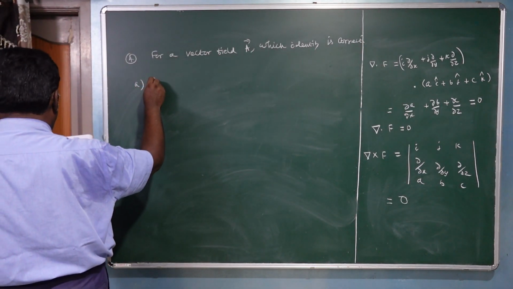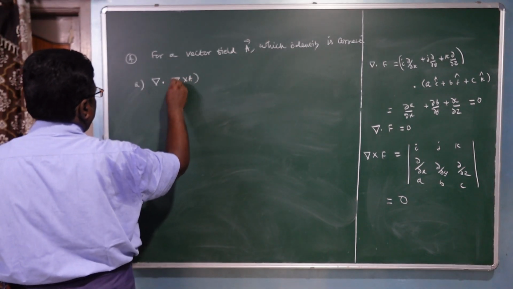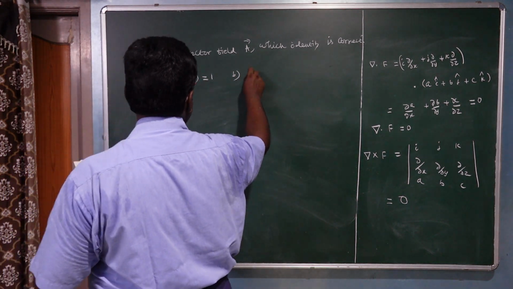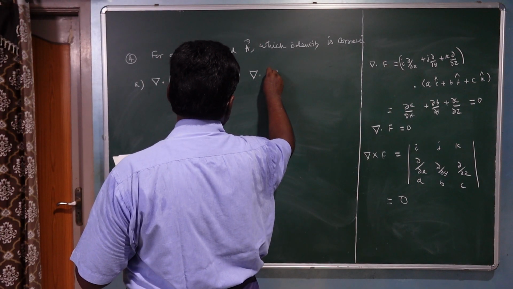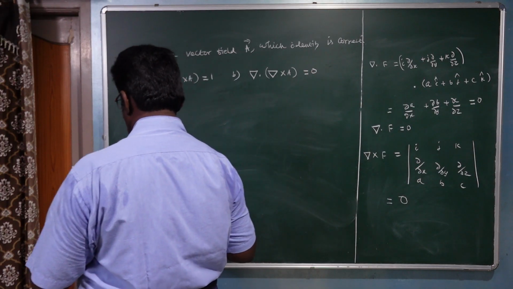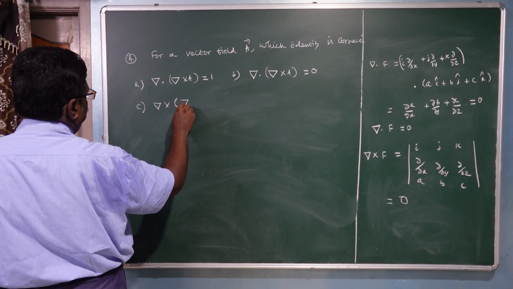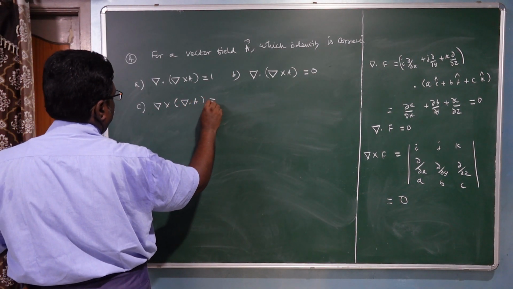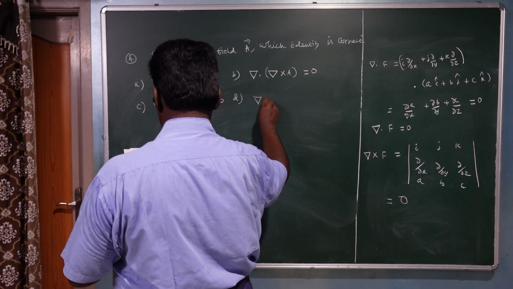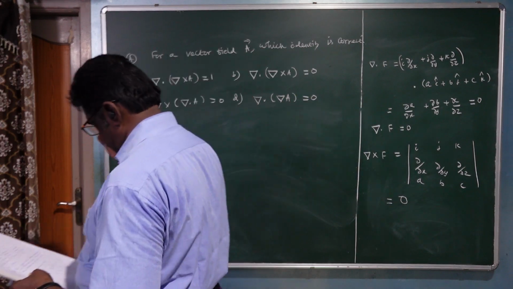Option A, div of curl A equal to 1. Option B, div of curl A equal to 0. Option C, curl of div A equal to 0. Option D, div of grad A equal to 0.